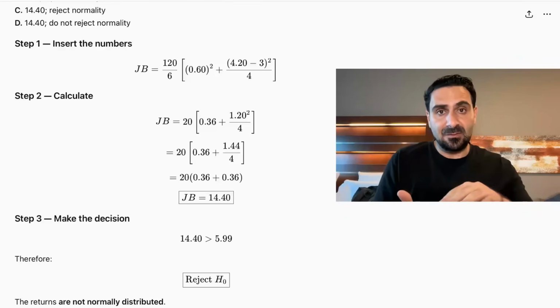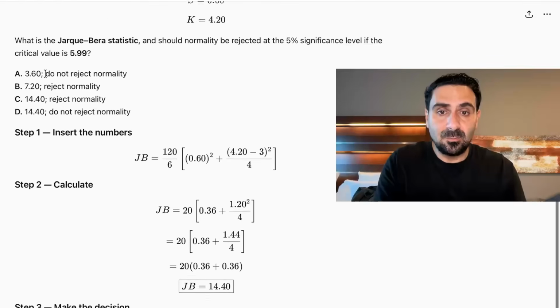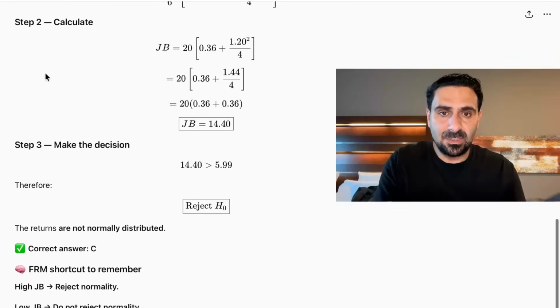But if the Jarque-Bera is exceeding the critical value as per the chi-square in this example, because it's 5.99, as you can see, the 14.4 is more than the 5.99. So this is the critical value for the chi distribution.